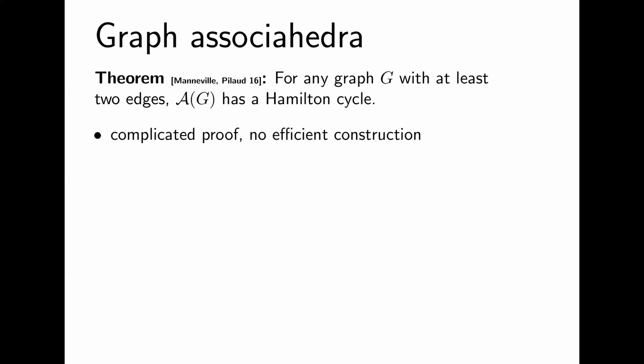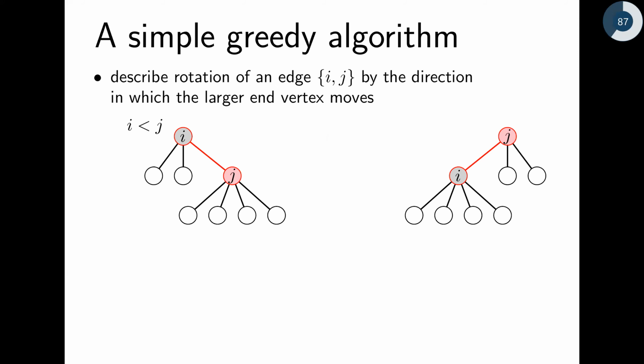And this is the starting point of our work. The main contribution of our work is a simple greedy algorithm that can be made efficient to generate the elimination trees of a graph, not for all graphs, but for a reasonable subset of graphs.